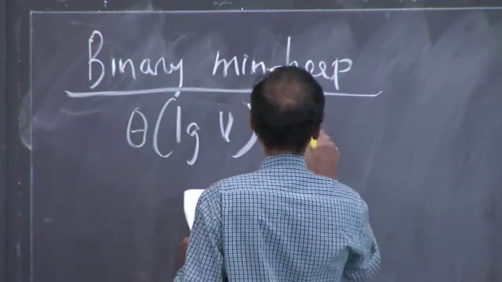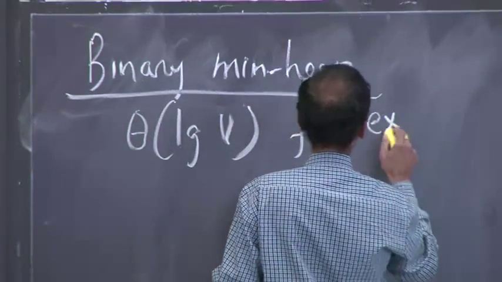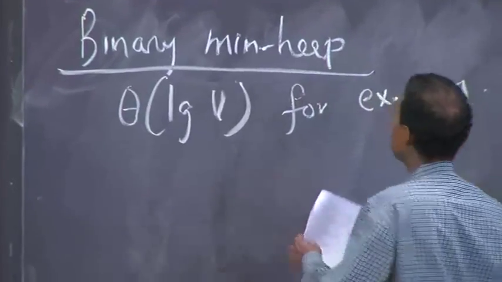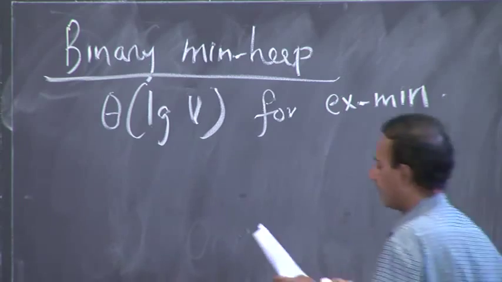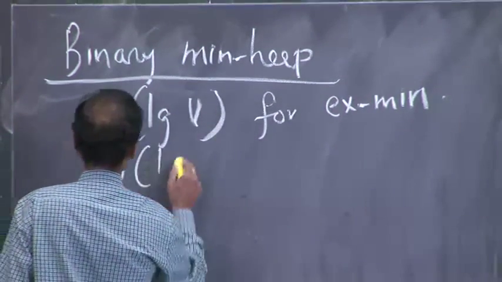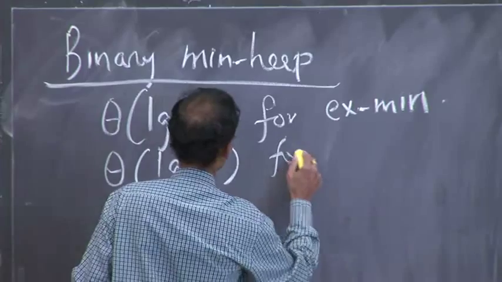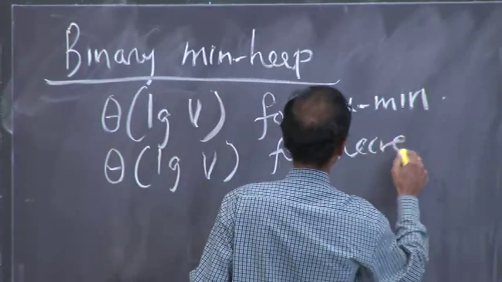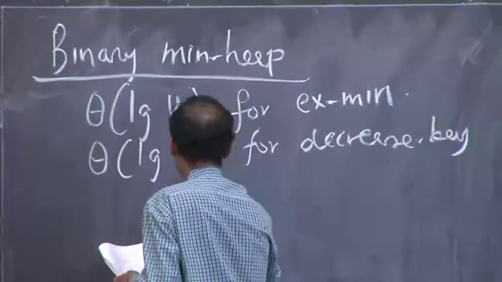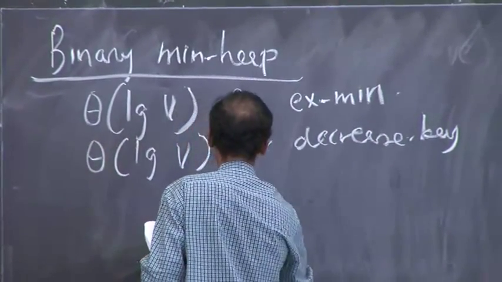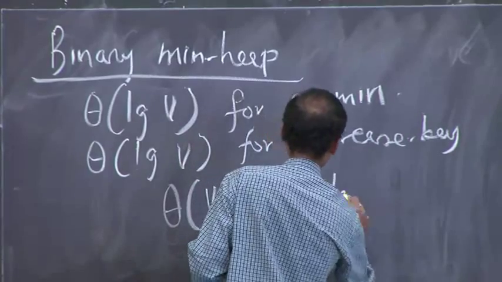But we know that if you want to update the heap and delete it, then it's going to take theta log V. And decrease key is the same thing, theta log V. So that's worse than an array. And if I go do the multiplication again, I get V log V plus E log V.